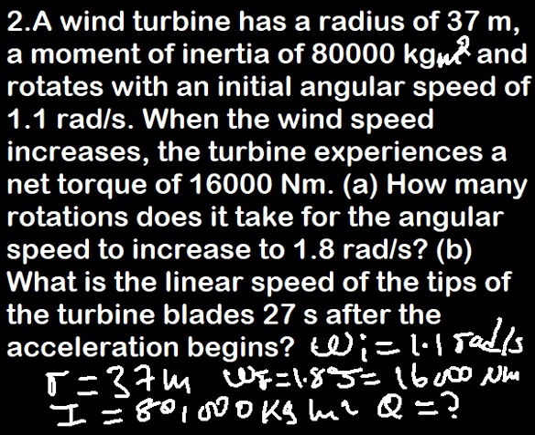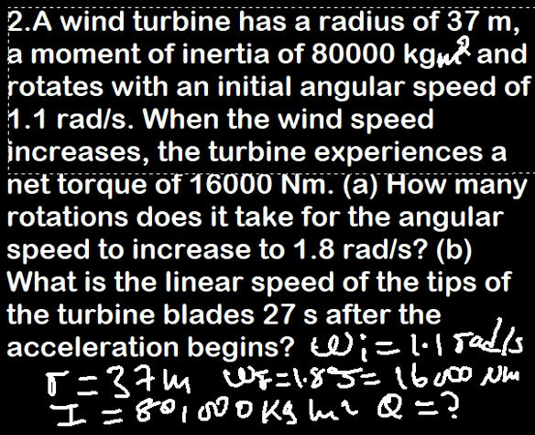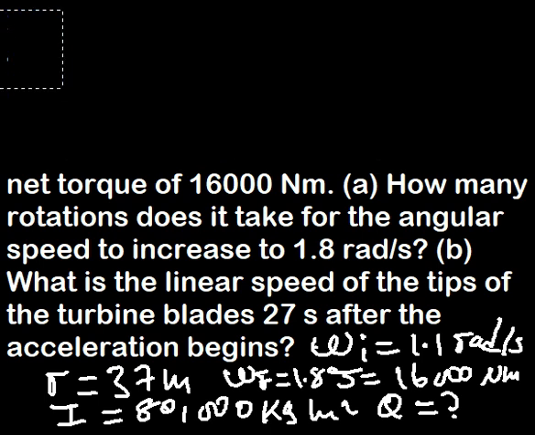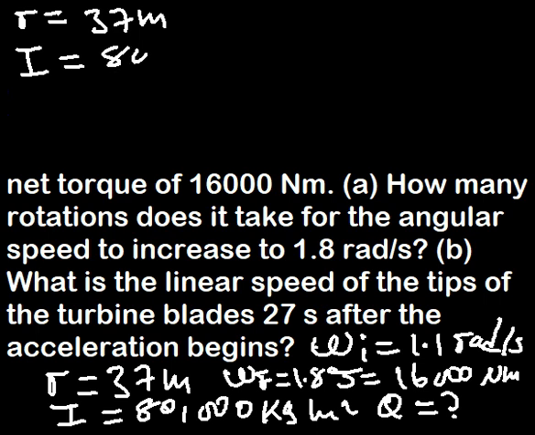First of all, let me eliminate the first part. So we have the radius, which is given as 37 meters, and the moment of inertia, which is given as 80,000 in that case.